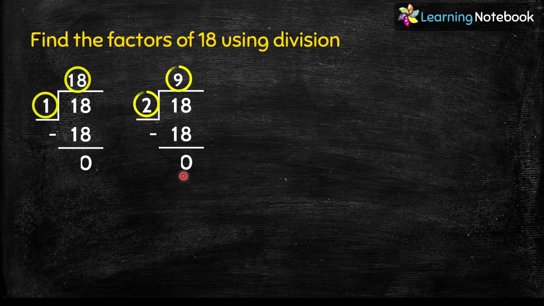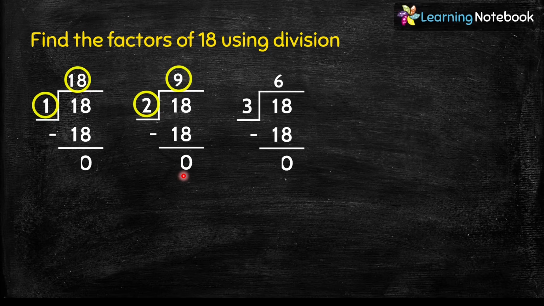So 2 and 9 are also factors of 18. Next, let's divide 18 by 3. Again, we get remainder equals to 0. Therefore, 3 and 6 are also factors of 18.